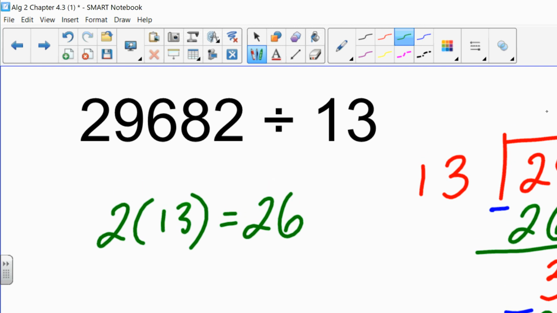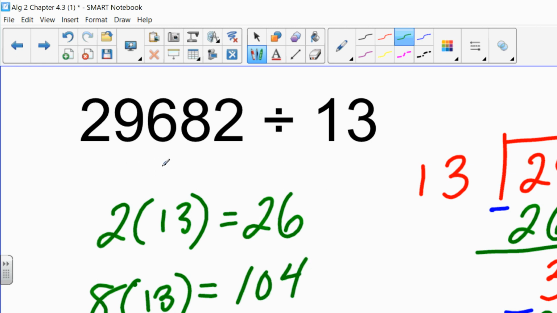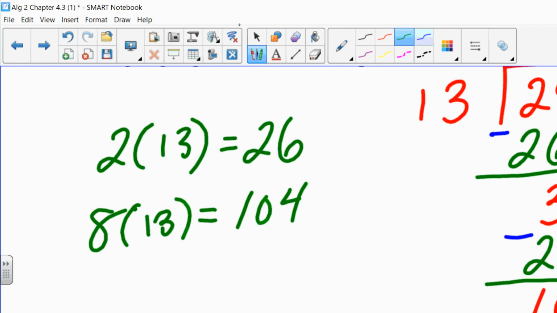And we see how many times does 13 go into 108? 8. Then we can do 8 times 13, which is 104. We put it under 108, and then we subtract, and we get 4.